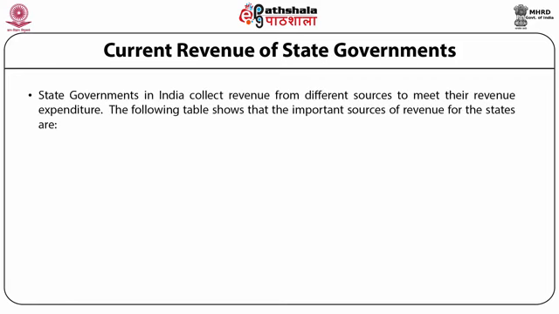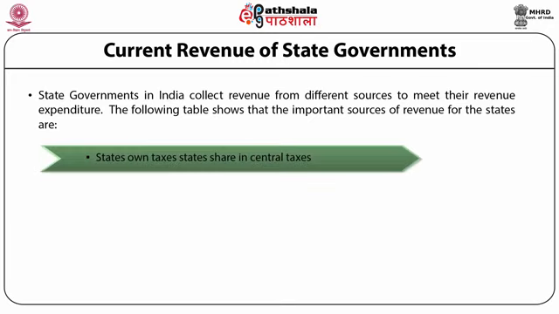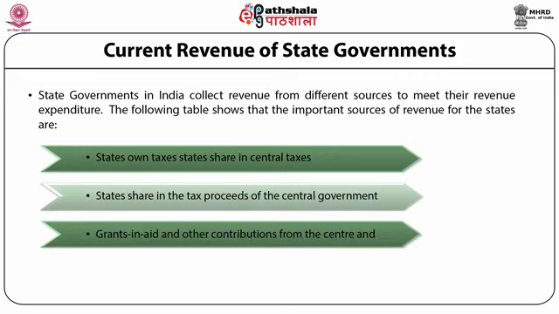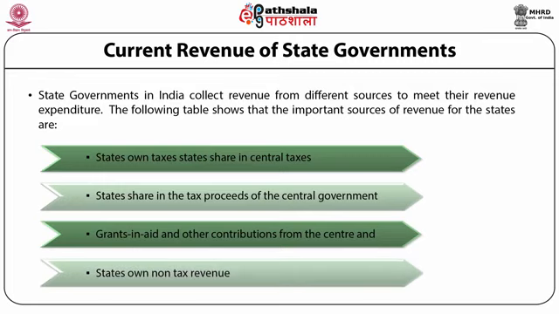The current revenue of state governments. State governments in India collect revenue from different sources to meet their revenue expenditure. The following table shows that the important sources of revenue for the states are state-owned taxes, state share in the tax proceeds of the central government, grants-in-aid and other contributions from the center, and states' own non-tax revenue.